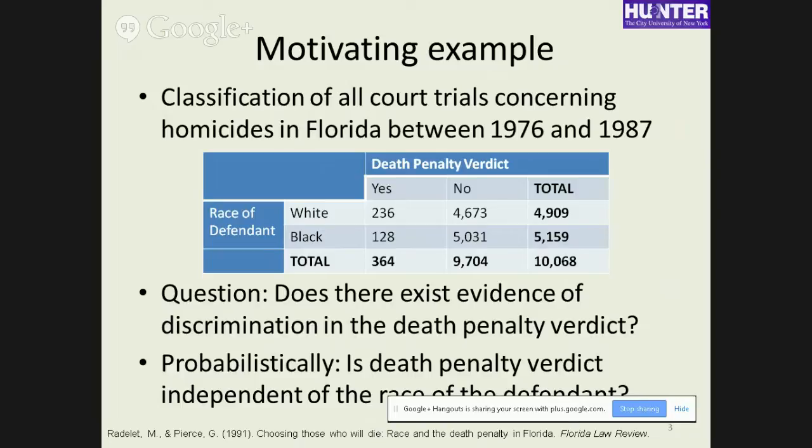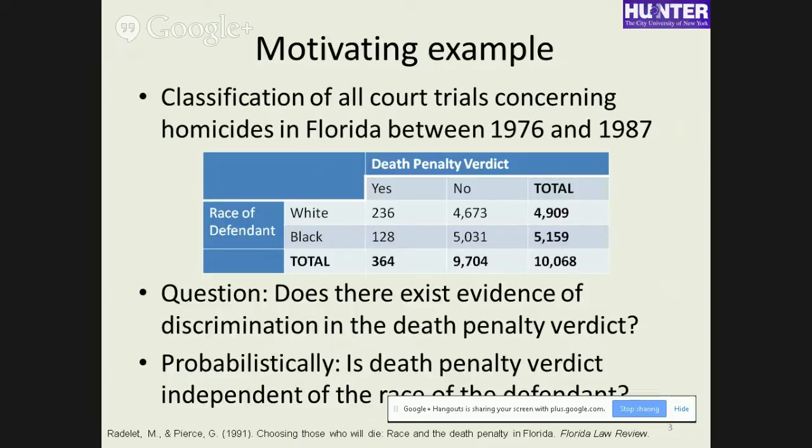It was a study of race and the death penalty in Florida, where these researchers had managed to examine every case where an individual was convicted of capital murder, or of first-degree murder, which is punishable in Florida by the death penalty, and then counted how many of those cases had resulted in the death penalty, and specified as a predictor variable the race of the defendant as black or white.